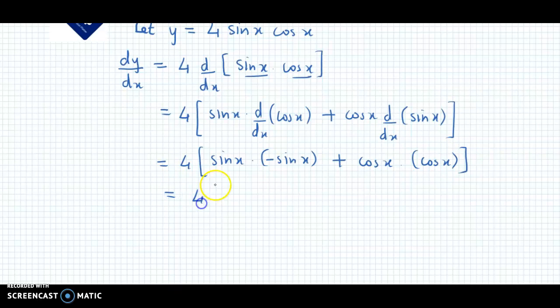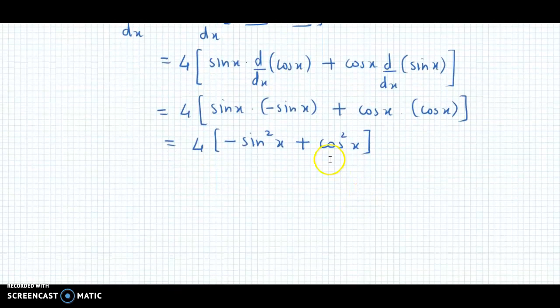We have 4 times, now sin x into minus sin x is minus sin square x, plus cos x into cos x is cos square x.